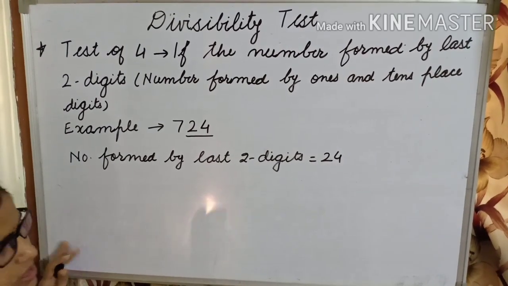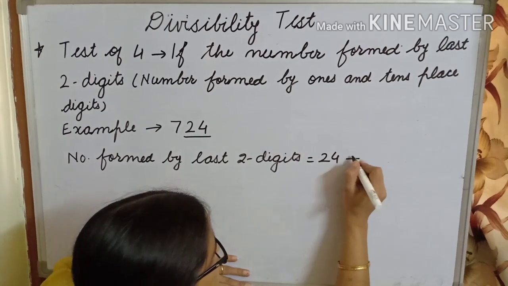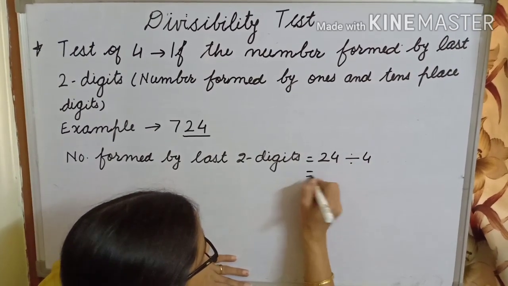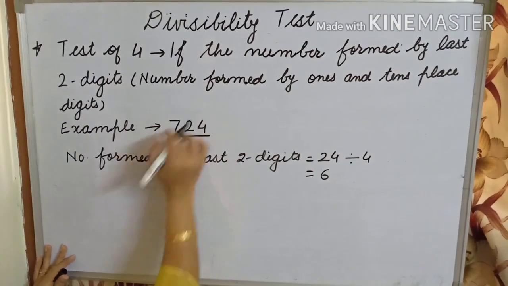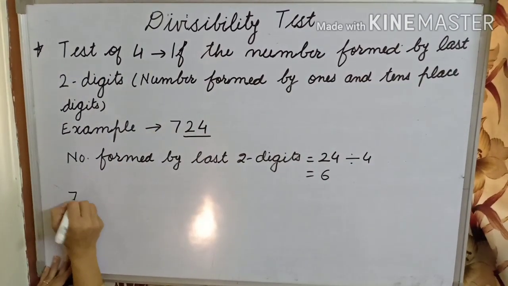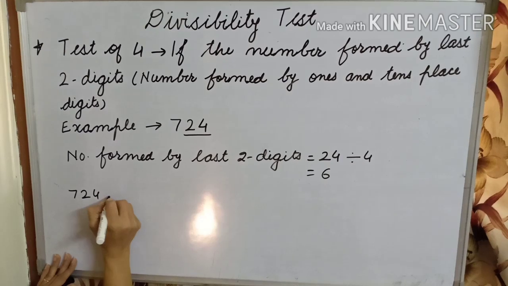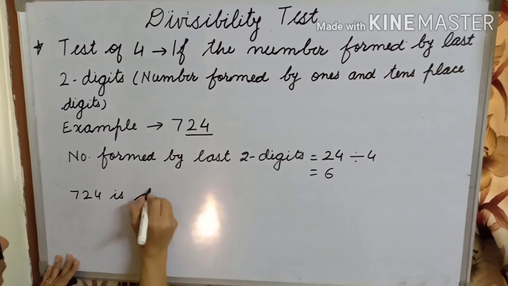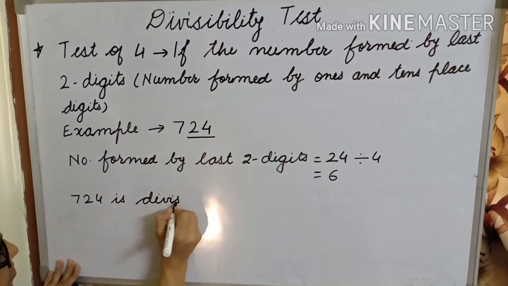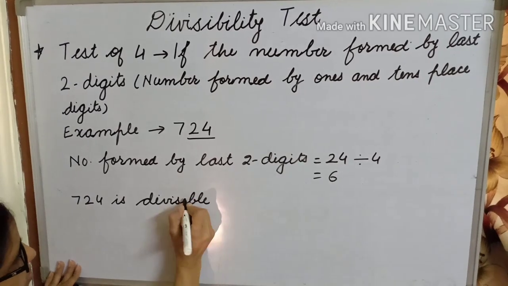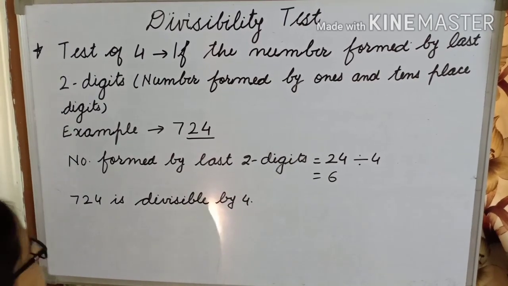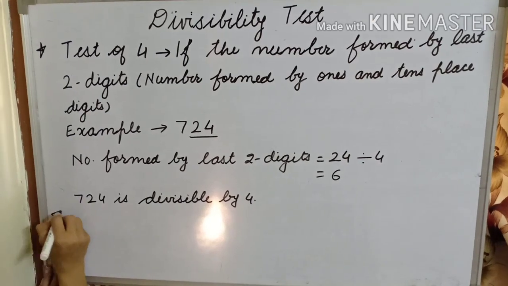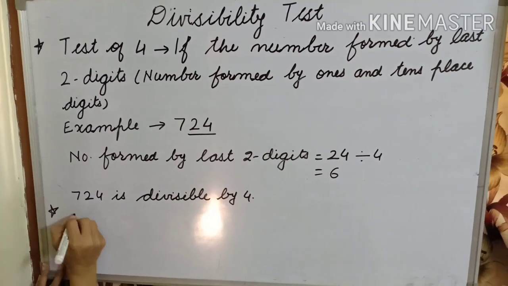Of course, yes. 24 divided by 4, that is 6. It means this is coming in the table of 4. So 724 is divisible by 4. Now next is test of 5.